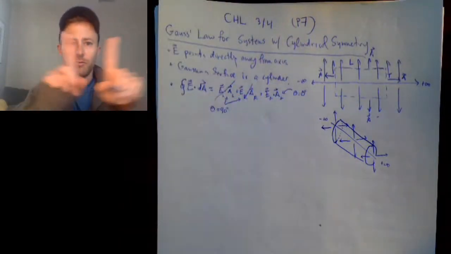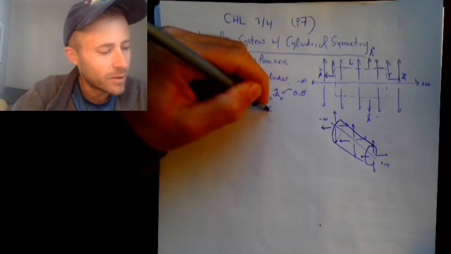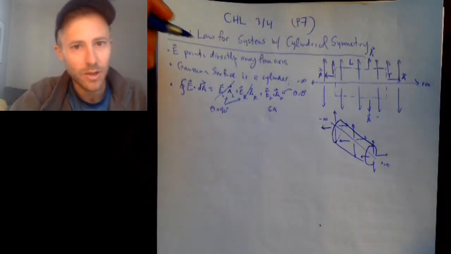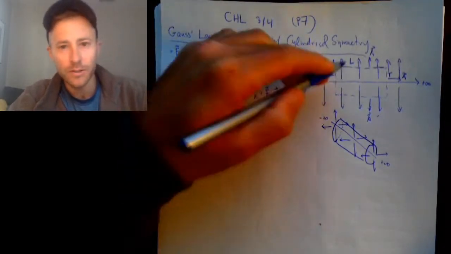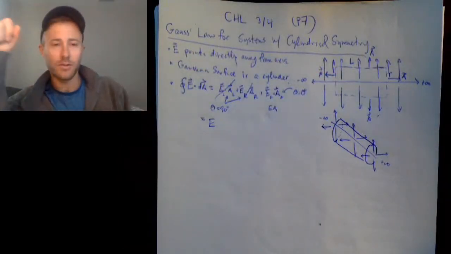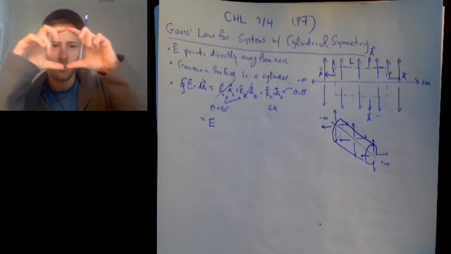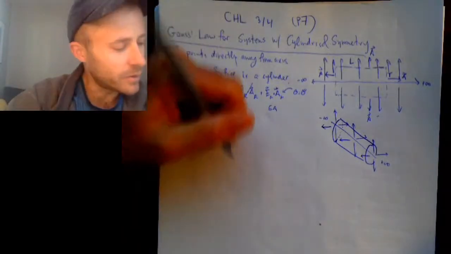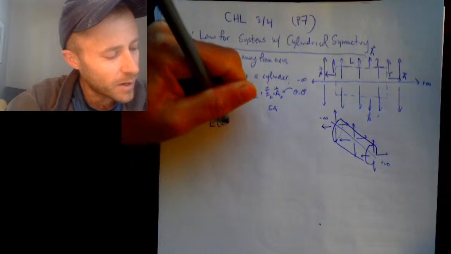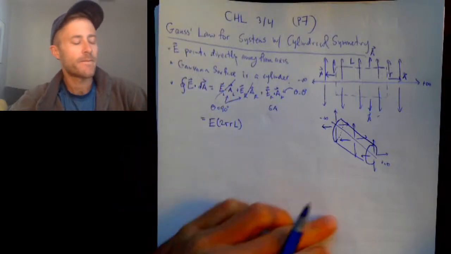If the angle between two vectors is 0, then the dot product is simply the product of their magnitudes, E times A. So what is the area of that middle face? It's the surface area of the middle part of the cylinder, which is a circle with a circumference of 2 pi r extended along the length of the cylinder. So the surface area is 2 pi r L.